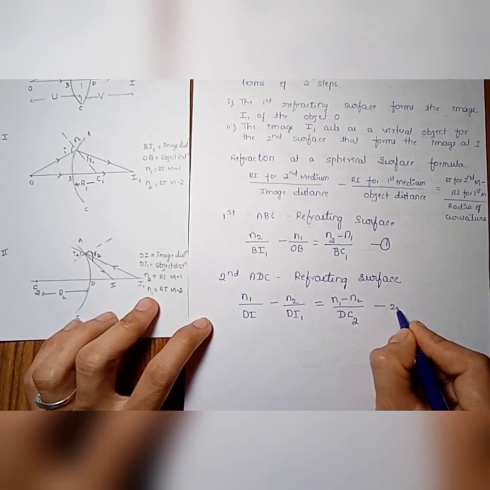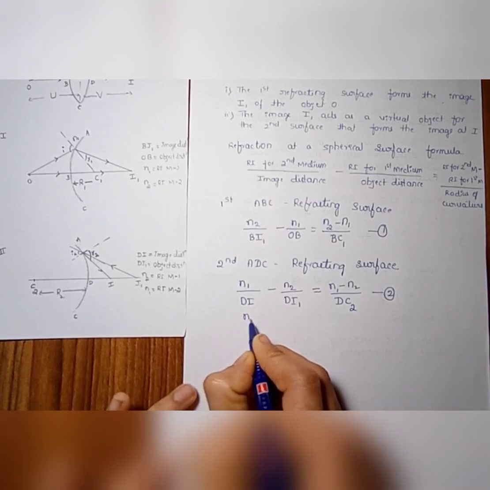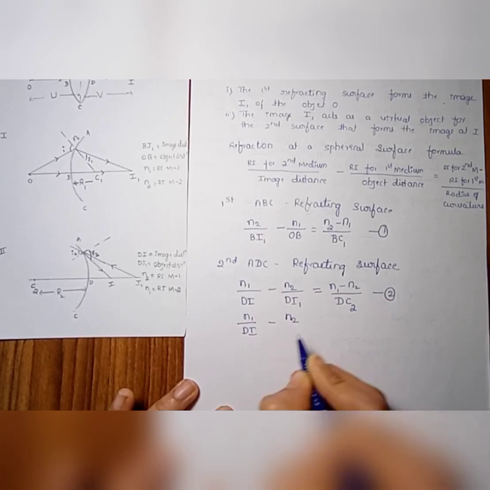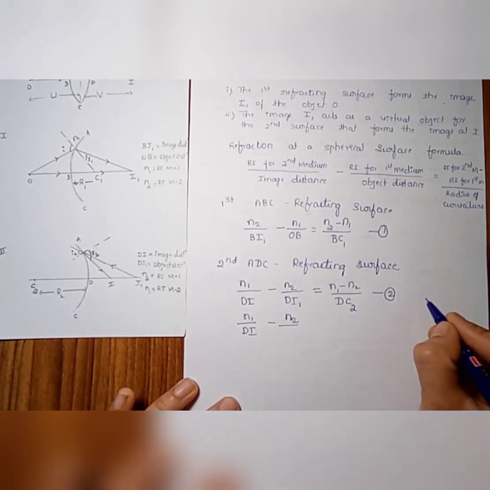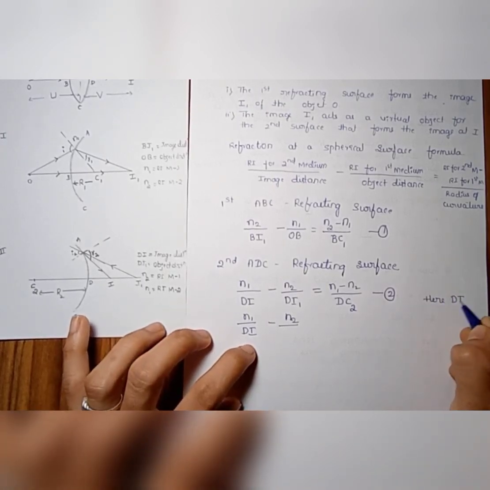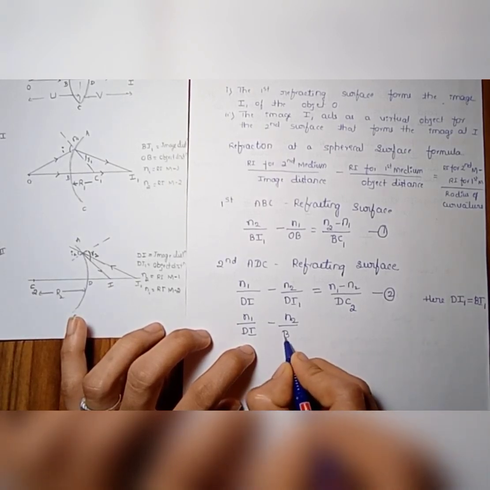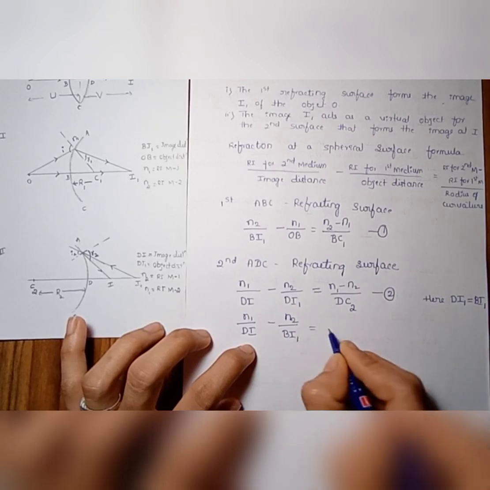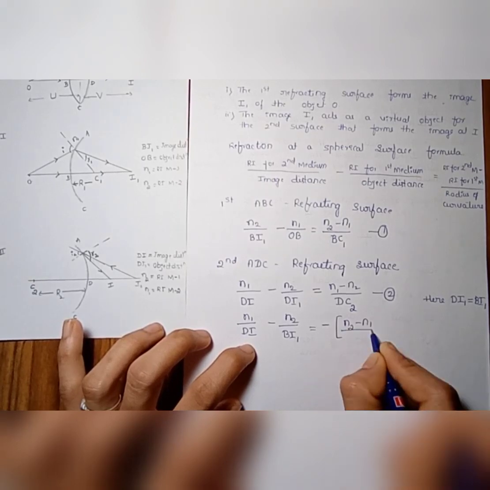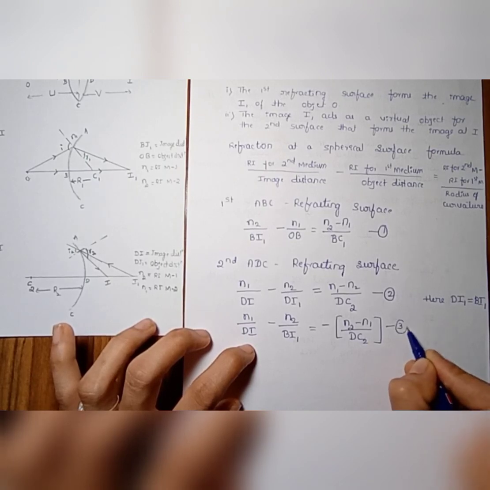This one is equation 2. This equation 2 can be written as N1 by DI minus N2 by DI1, where DI1 can be written as BI1, which is equal to minus of N2 minus N1 divided by DC2. This one we take as equation 3.